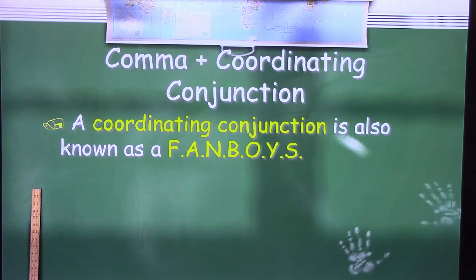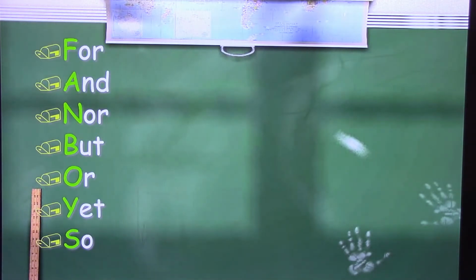It gives us one conjunction. Let us check. We have got the following: for, and, nor, but, or, yet, so. The fanboys. Those are the coordinating conjunctions.